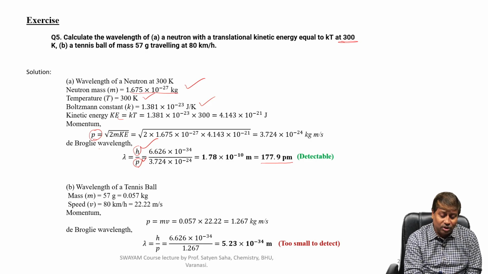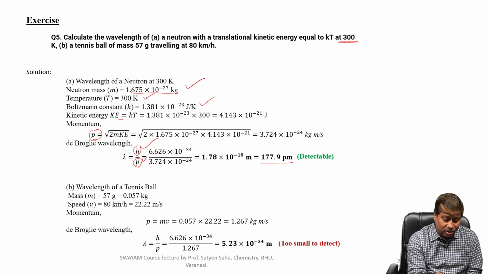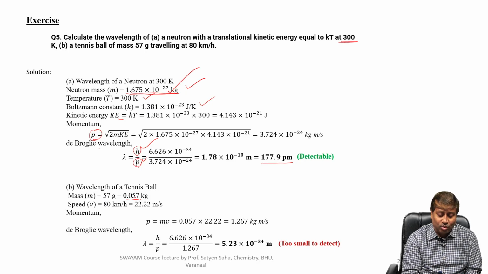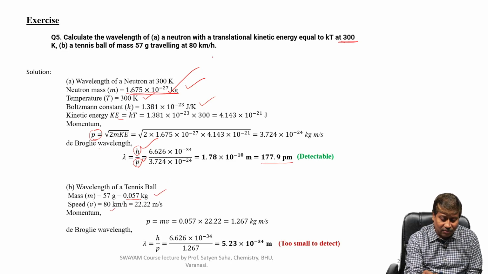Now, what about the tennis ball? The temperature is the same, the change is the mass: the neutron mass was 10 to the minus 27 kg, and in this case the mass is 0.027 kg, so heavy. The speed is given as, when somebody serves a tennis ball, 80 kilometer per hour.